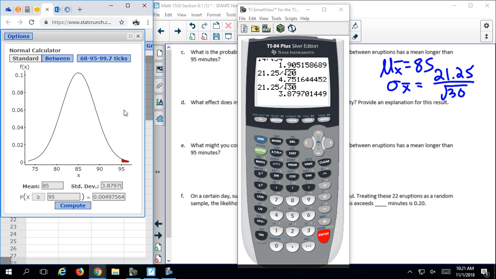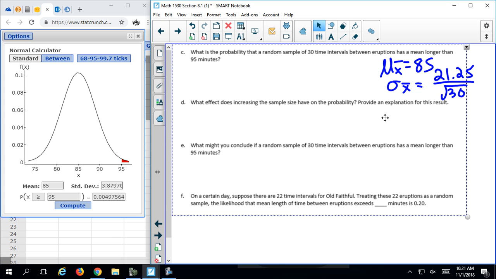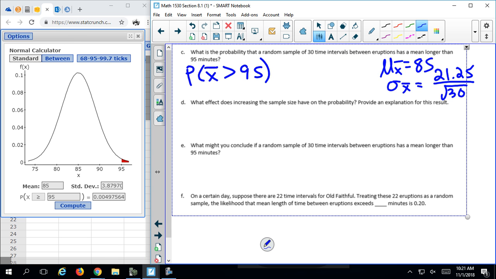So I get 0.0050. So this is still probably the sample mean greater than 95. It's just I'm picking a bigger sample. So I get a different area.